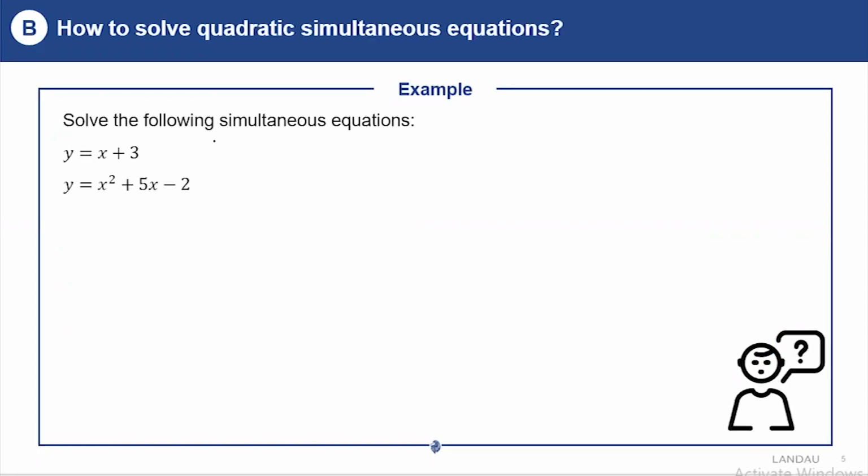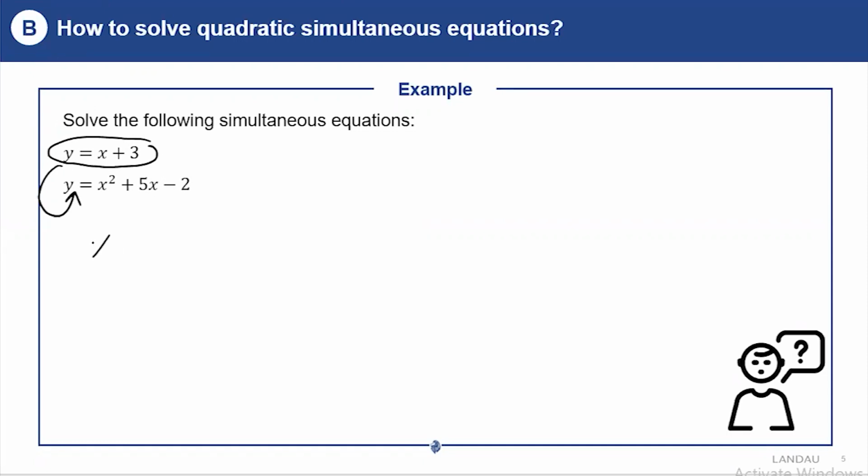Firstly, let's try to solve the given quadratic simultaneous equations. Here we have y equals x plus 3 and y equals x squared plus 5x minus 2. As you see, the first equation is linear, however, the second equation is quadratic. So firstly, we can take this y equals x plus 3 and plug it in the second equation instead of y.